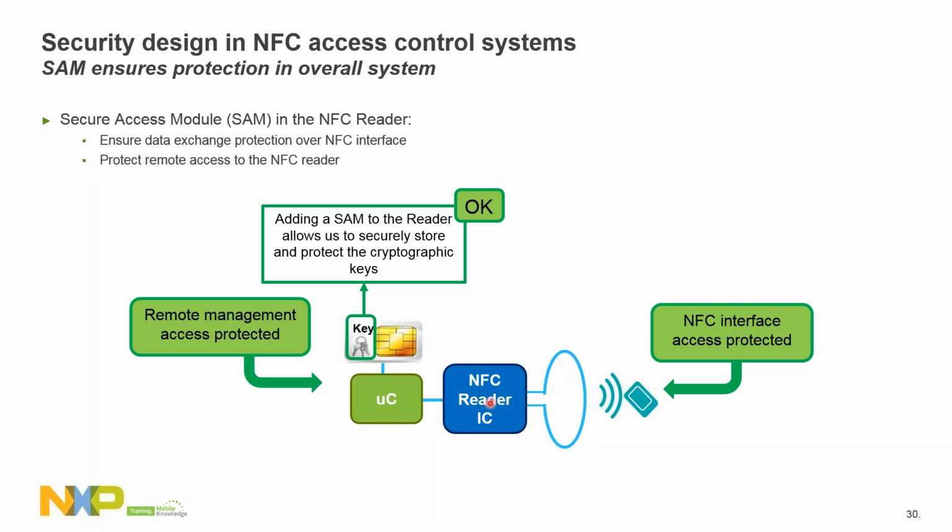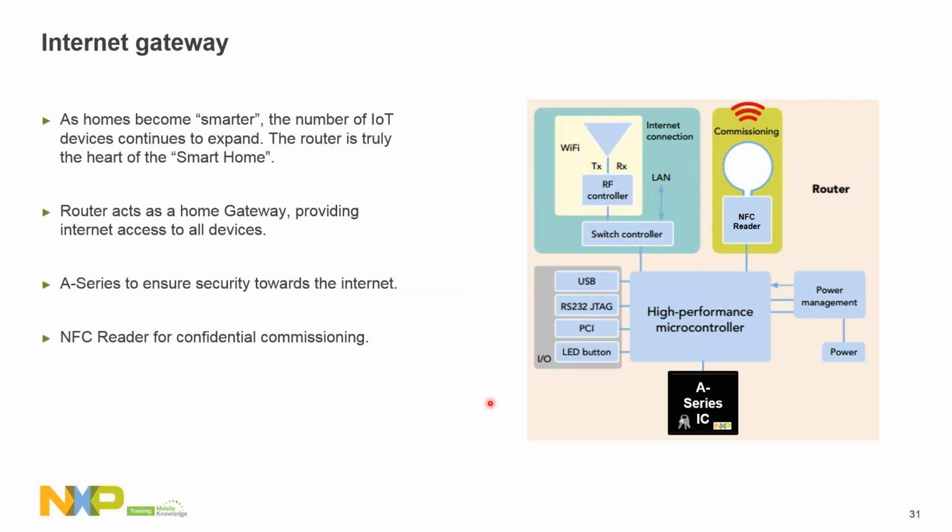Good. So another use case is another NFC-enabled device that I would like to analyze, to which we can add security enhancements: an internet gateway, a router that all of us have at home, if you have internet, of course. The router is truly the heart of our smart home, and it is a device that provides internet connection to the rest of the smart devices available at home.